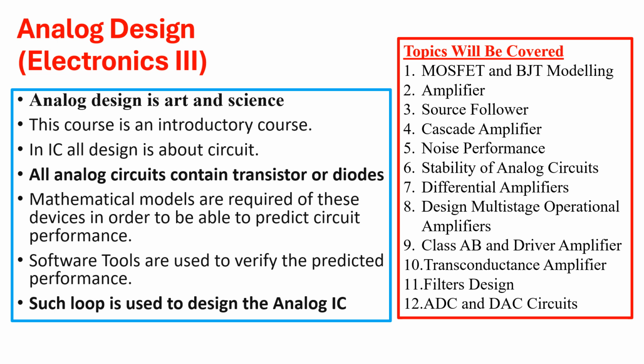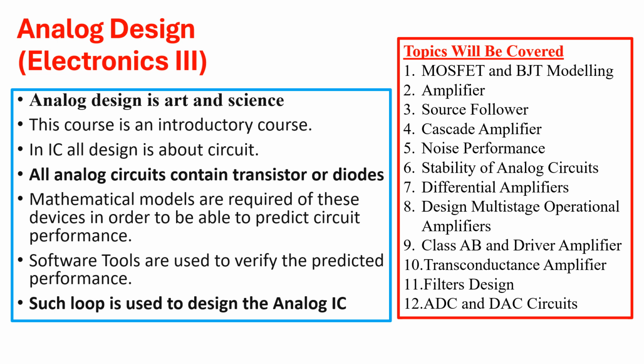And at last, we will cover analog to digital converter and digital to analog converter circuits. This topic involves the principles of analog to digital converter and digital to analog converter circuits, which facilitate the conversion between analog and digital signals.